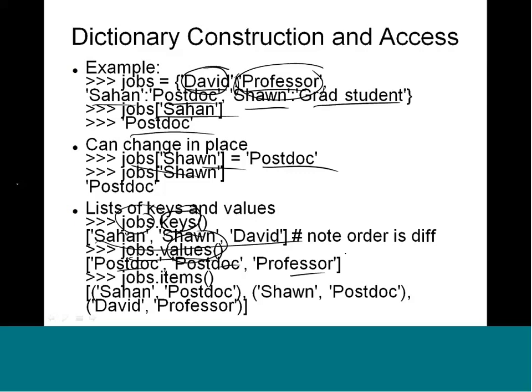To query every element, a key and the value together, we use the items function. So the jobs.items function returns Sahan postdoc, Sean postdoc, David professor. So that's how you can access those values in the dictionary.